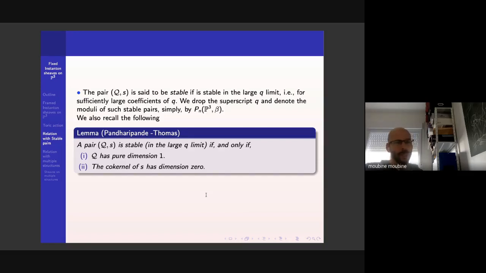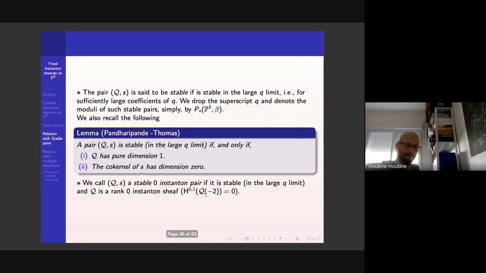Okay, and in our case, we will call a stable rank 0 instanton pair, if it is stable and F is an instanton, a rank 0 instanton sheaf, so it satisfies these two cohomological conditions.